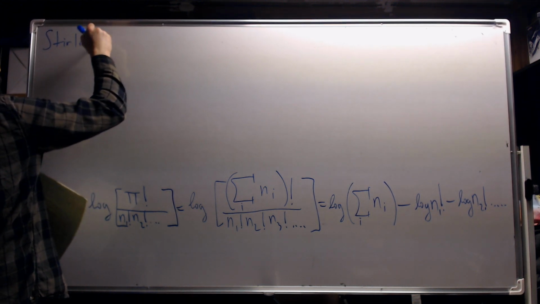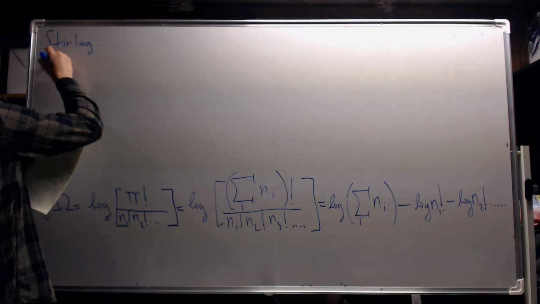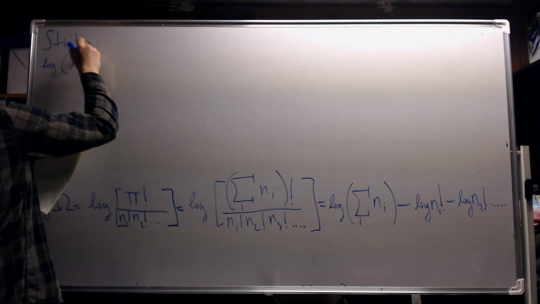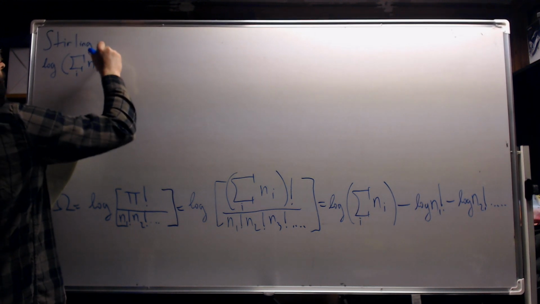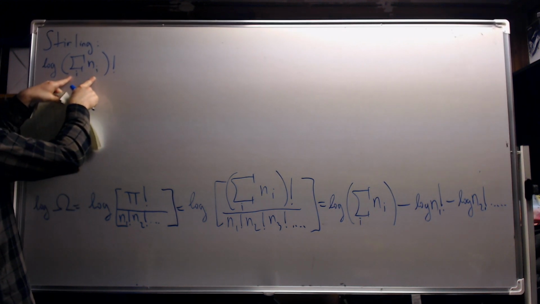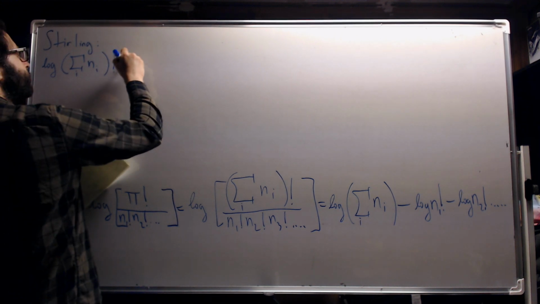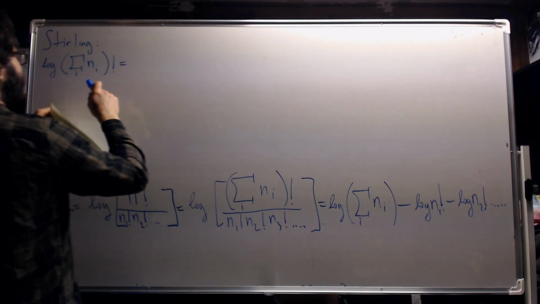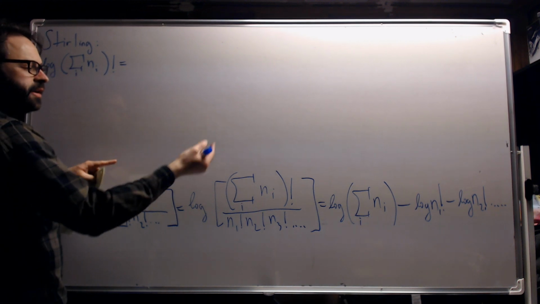Stirling. The first term is log of this scary looking sum of ni, whole thing factorial. We'll think of this thing inside the parentheses as a single quantity. Now we apply Stirling's approximation. Remember, log of n factorial is n log n minus n.